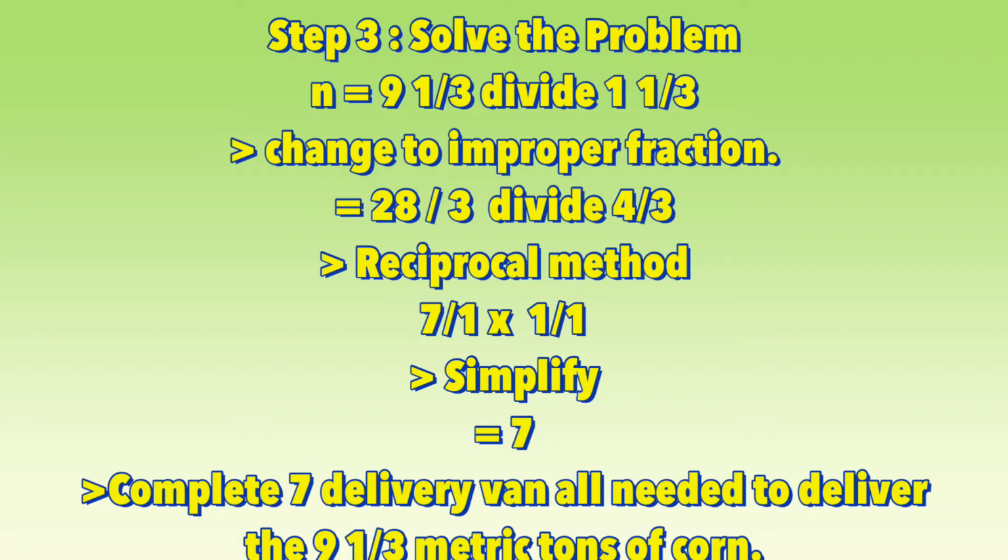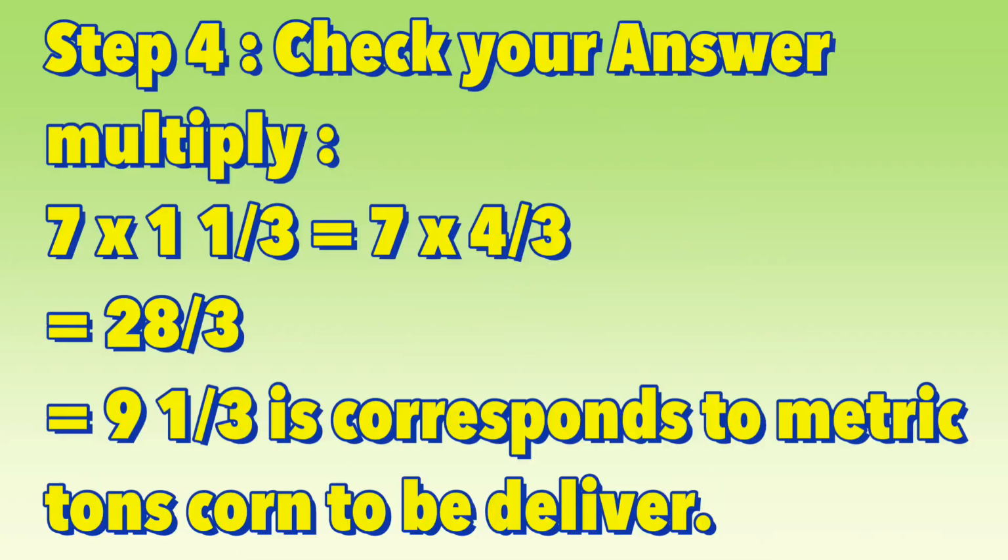Step 4, we have to check our answer. So to check our answer, we have to multiply the result, 7 delivery vans, times the 1 1/3 loaded per van. So then we have to change the mixed number into an improper fraction.